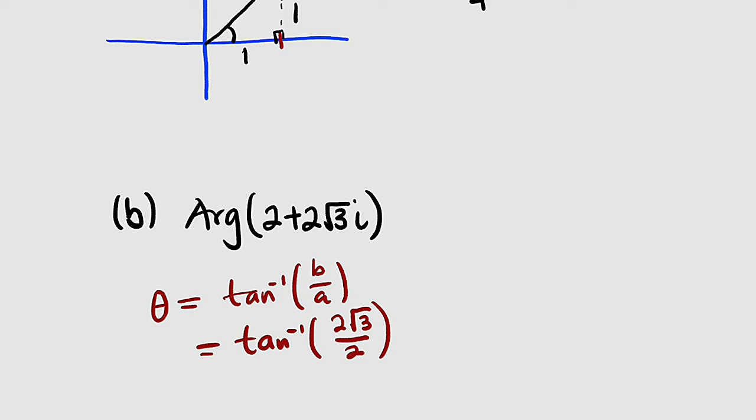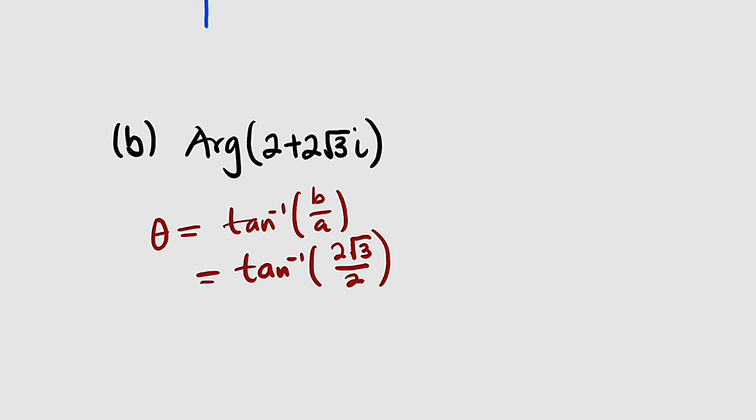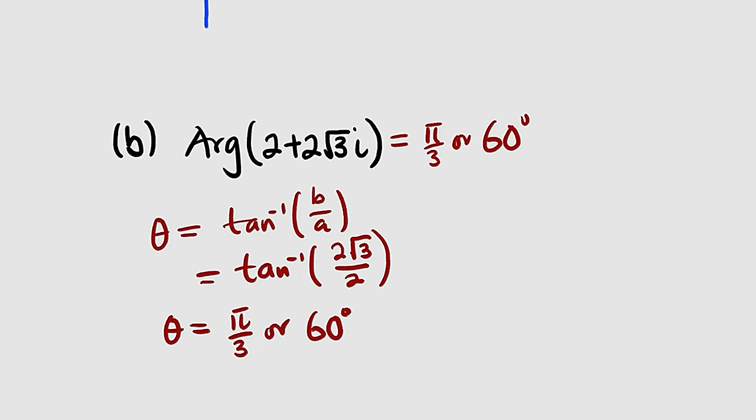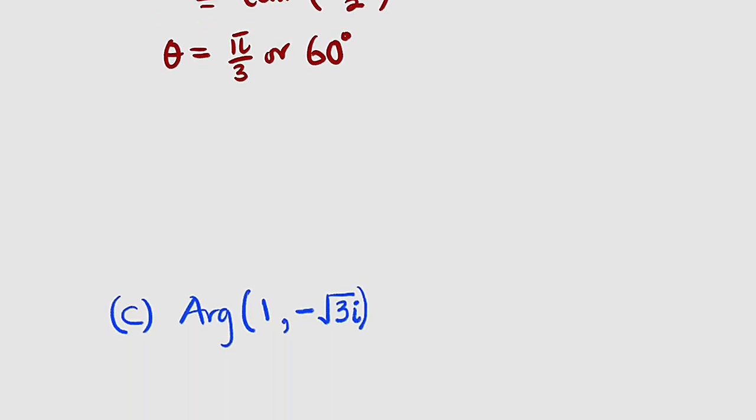And 2 root 3 divided by 2 is just root 3. So we are looking for just the tan inverse of root 3. And tan inverse of root 3 is pi by 3. Therefore, this angle that we are looking for is equal to pi by 3, or 60 degrees. And we're done. Therefore, you can write here that the argument of this complex number is either pi by 3 or in degrees 60 degrees.